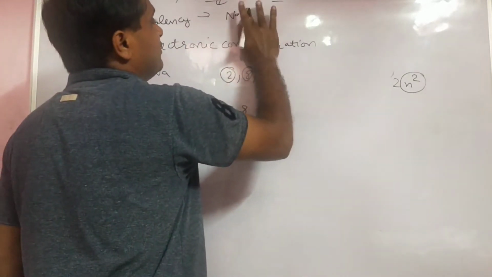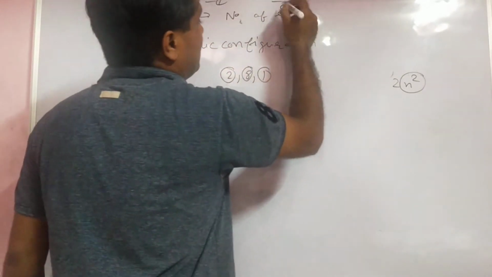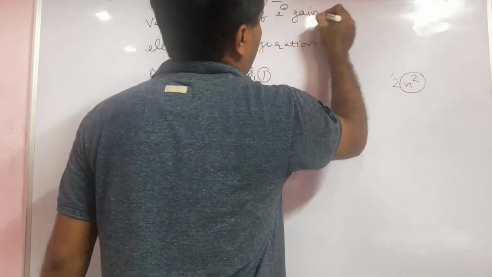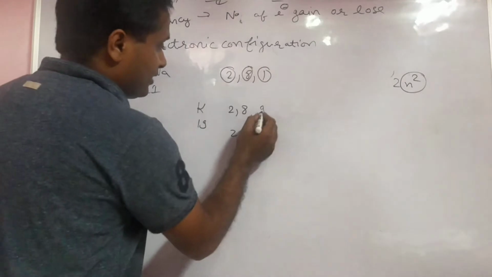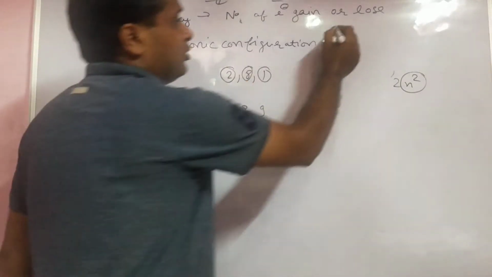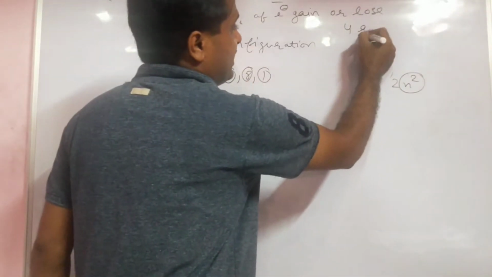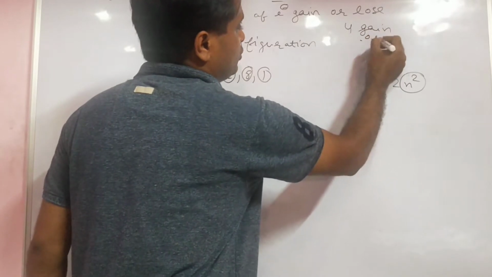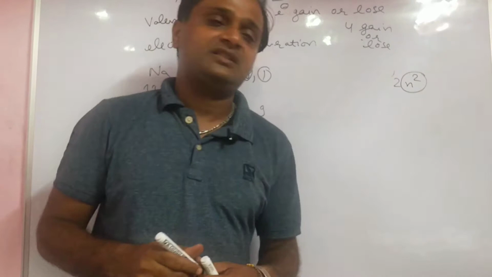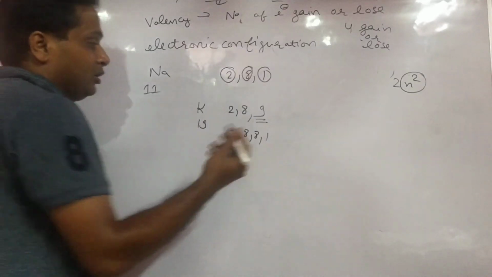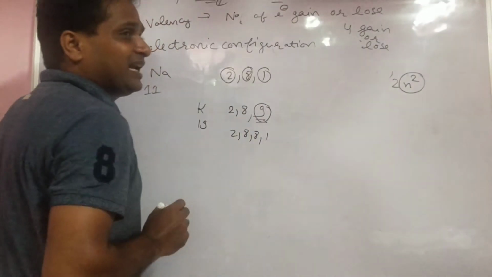Number of electrons gain or loss. See, here maximum 4 electrons able to gain or lose. 4 से ज़्यादा ले नहीं सकते, 4 से ज़्यादा दे नहीं सकते. Yes. So here it is possible to take 9 electrons, not.